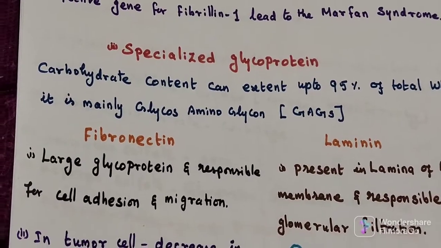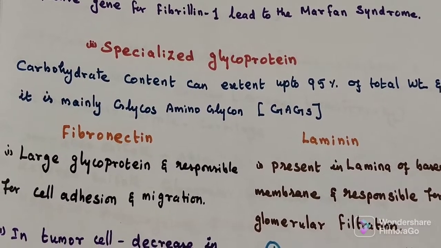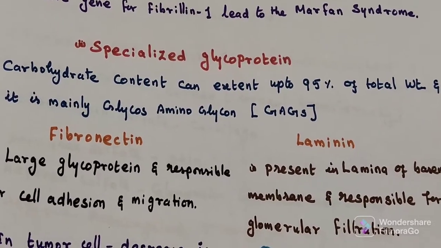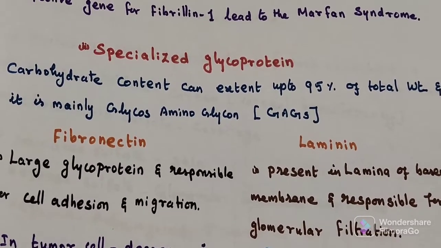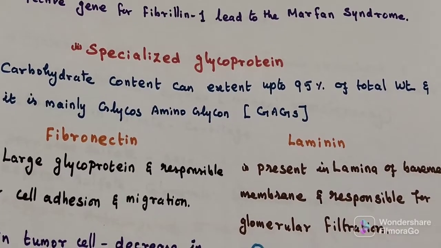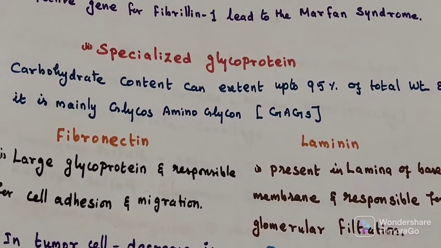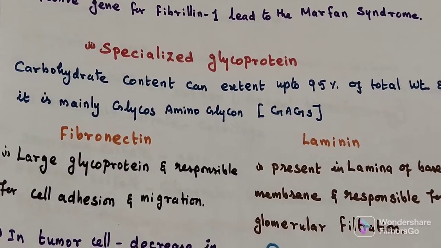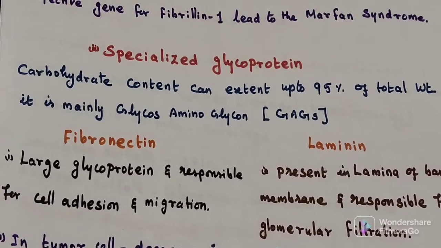Now coming to the specialized glycoproteins. Glycoprotein means carbohydrate plus protein. What are the specialized glycoproteins present in the extracellular matrix? The first one is fibronectin, the second one is laminin.